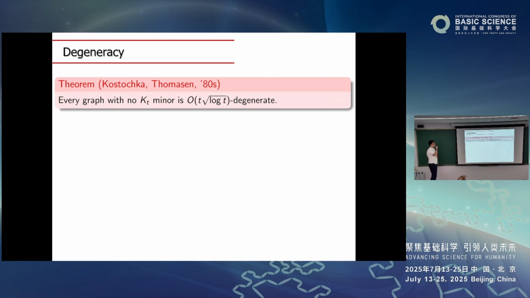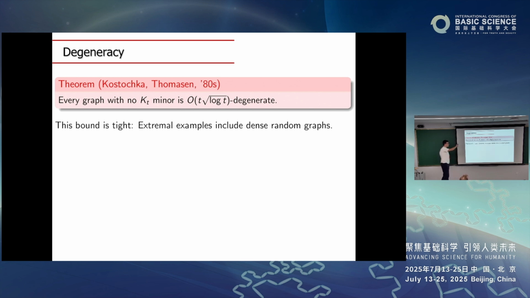And for a long while, Kostochka and Thomason, in the 1980s, proved that every graph with no K_t minor is t root log t degenerate, and so t root log t colorable. And that was the best bound for about 40 years.